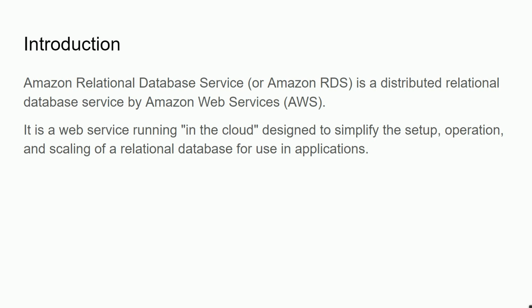Amazon RDS is a service provided by AWS. It is a web service running in the cloud, designed to simplify the setup, operation, and scaling of relational databases for use in applications. After creating the database instance, we just attach that connection string in our application, and then we can use the database.